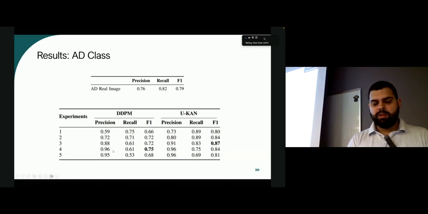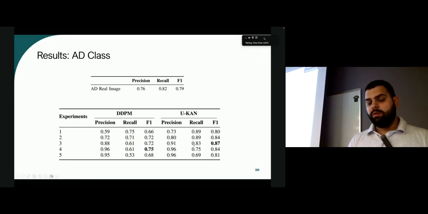So, for example, for the DDPM, by experiment 4, where the model was trained with 60% synthetic images and 40% real images, the results were 96% precision and an F1 score of 75, which compared to the baseline is pretty good in terms of precision.